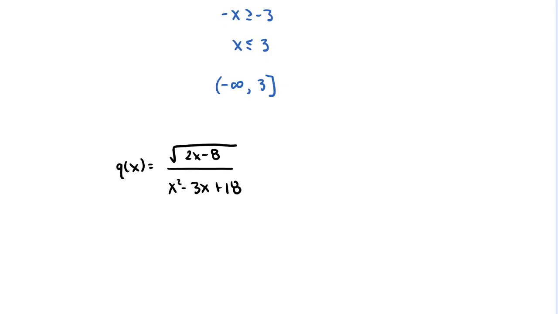For square root functions, we should not be taking the square root of a negative number. We want to make sure that this 2x minus 8 is not negative for our input values. And then we want to make sure that our input values don't make this denominator 0.